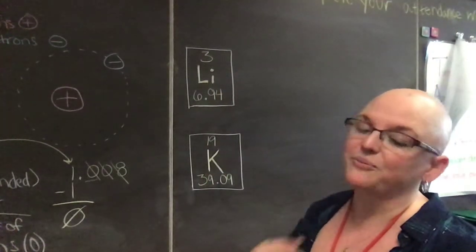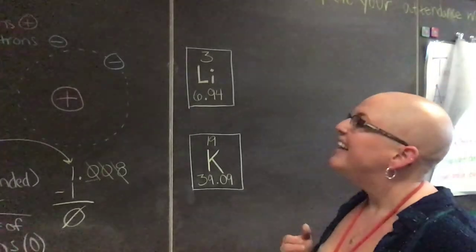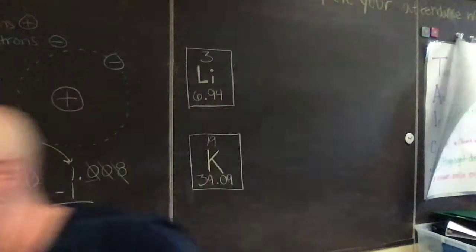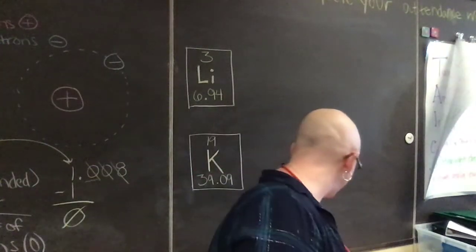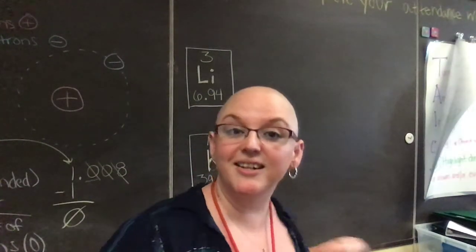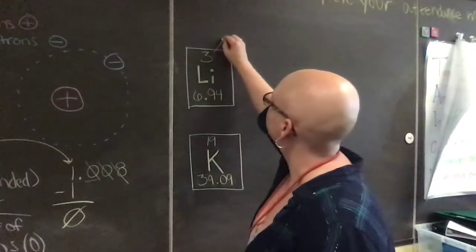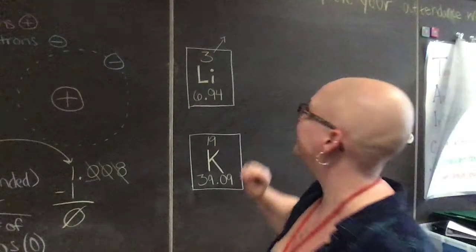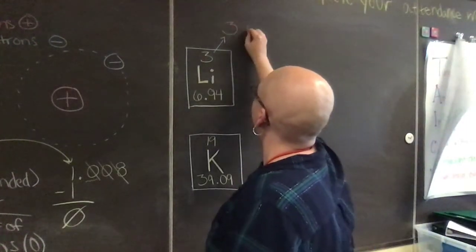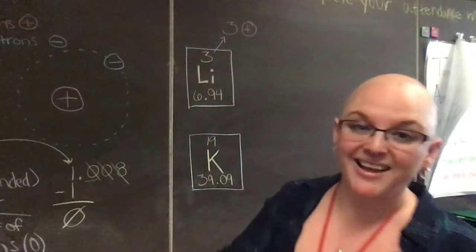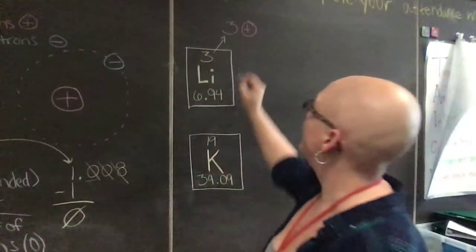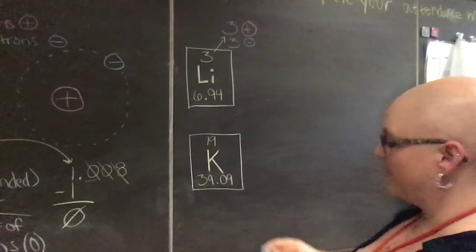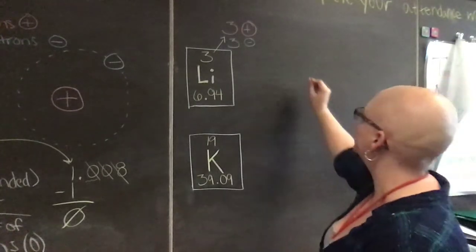Lithium is one of my favorite elements. Lithium has an atomic number of 3. So therefore, it must have how many protons and electrons? If you said 3, you're right. 3 protons and 3 electrons. So go ahead and draw those. I'll put my protons in the middle.